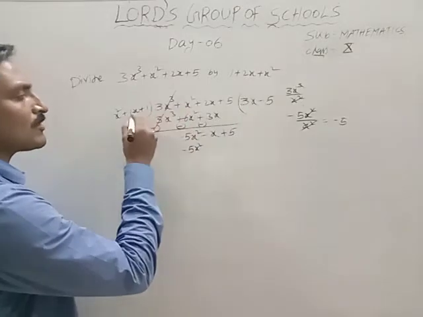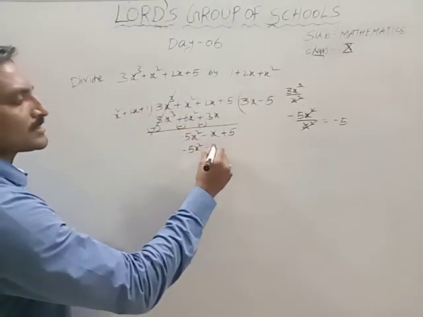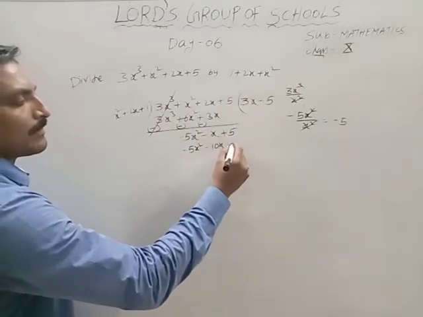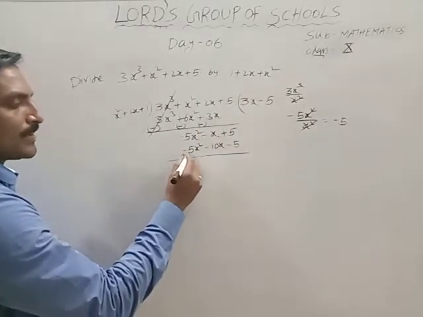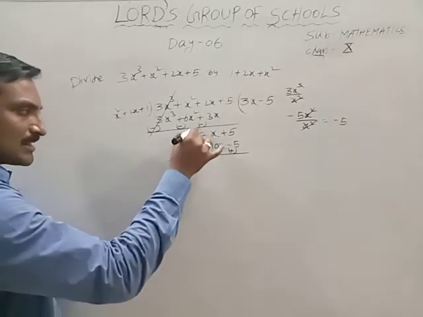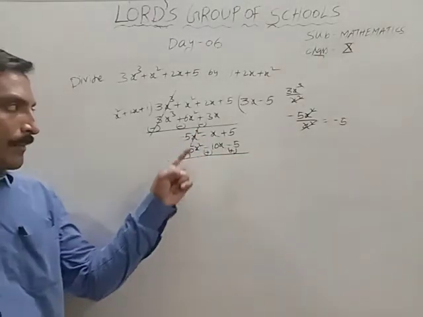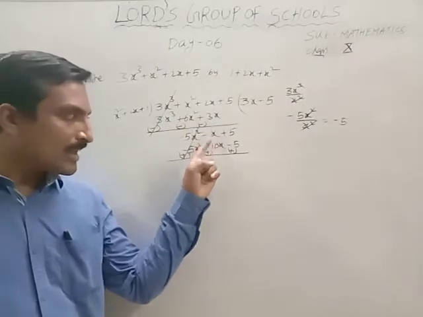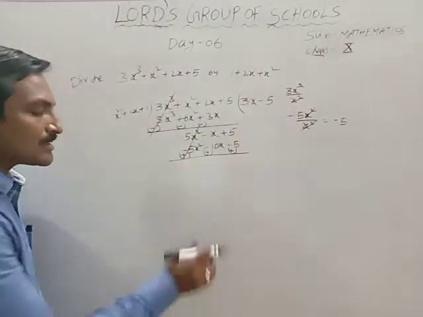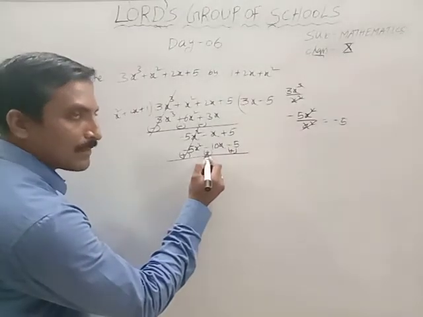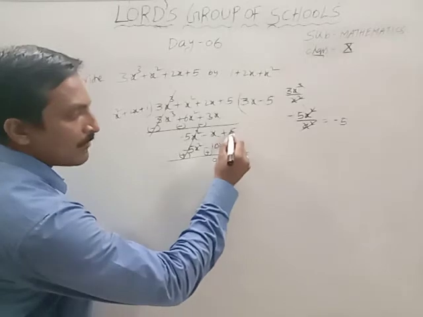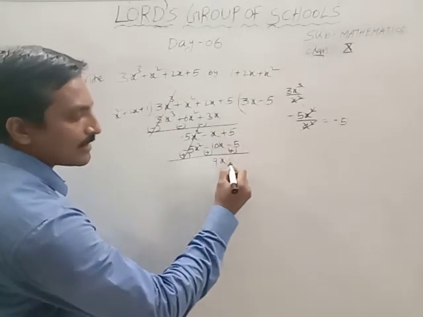Minus 5 into 2x, minus 10x. Minus 5 into 1, minus 5. Change the symbols: plus, plus, plus. That time these two will be cancelled. Minus 1x plus 10x: 1 negative, 1 positive, subtraction, the greater number contains positive, so that result is positive, 9x. 5 plus 5, 10.